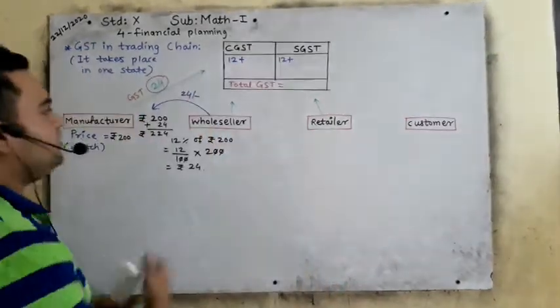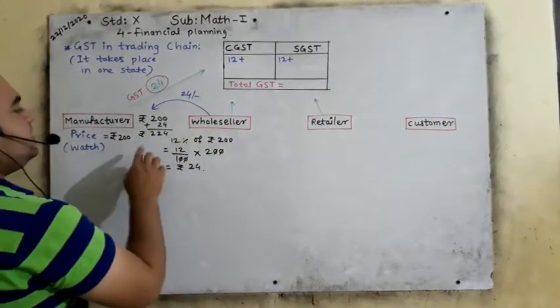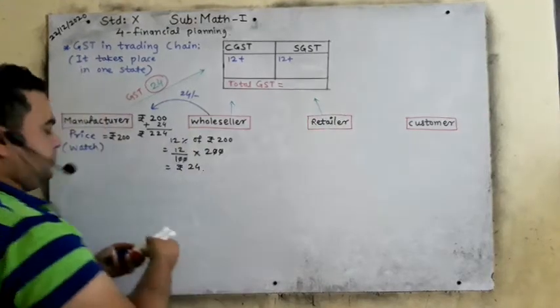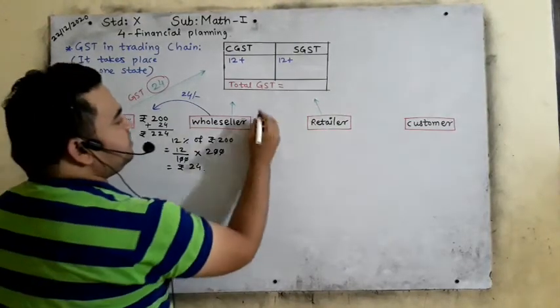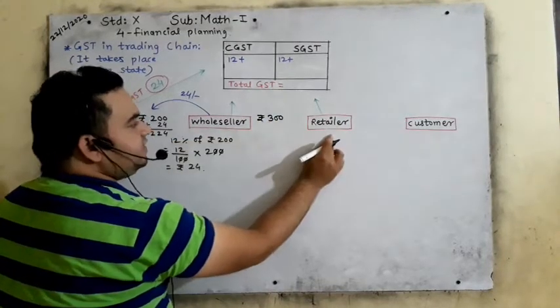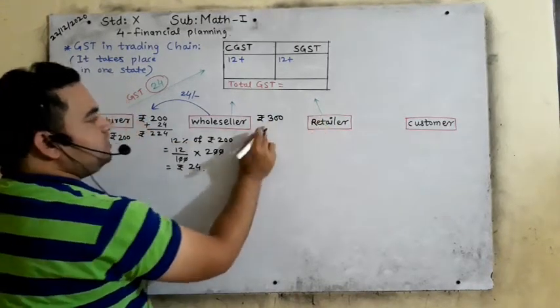Now the wholesaler has decided that he will sell this particular watch to the retailer for rupees 300.